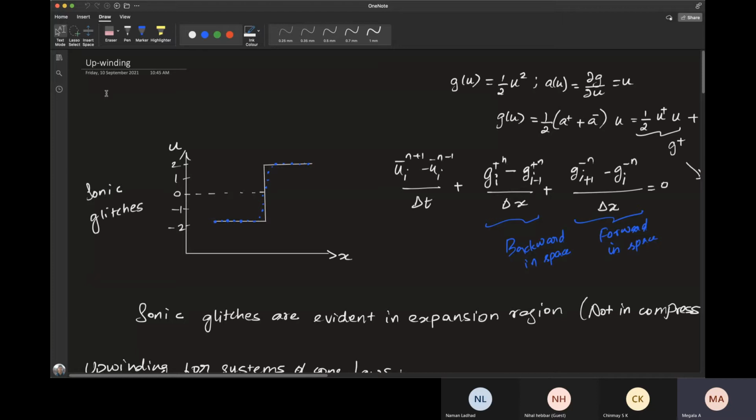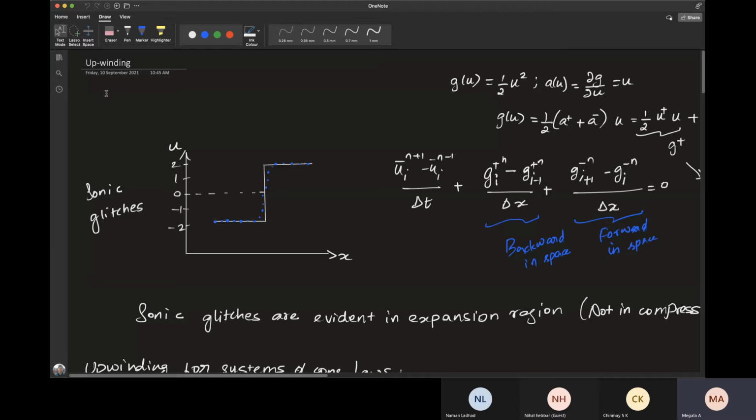For that, we made certain arguments, and then we came up with the values for G at the interface through upwinding. In the previous class, we made an argument about just averaging the values from both the left and right side, and we got an FTCS-like scheme which was unstable.